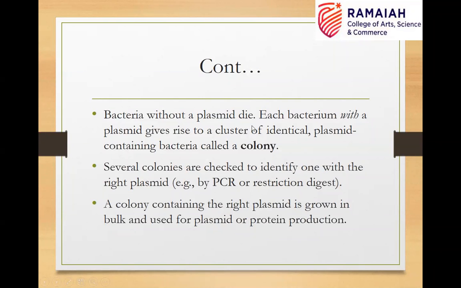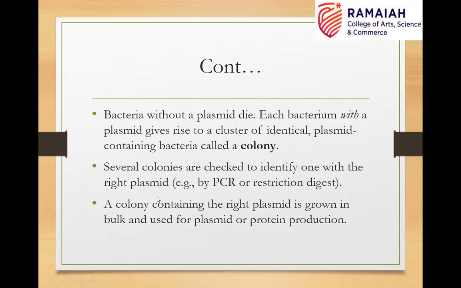But each bacterium with a plasmid gives rise to a cluster of identical plasmid-containing bacteria. This cluster of identical cells is called a colony. You all know what a colony is. And several colonies are checked, that means they need to be analyzed to identify the colony with the right plasmid.